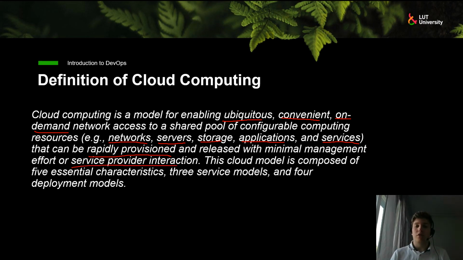And also there doesn't need to be human interaction when buying and managing the resources. It can be all done by the user in the internet portal. Finally, the definition states that the cloud model is composed of 5 essential characteristics, 3 service models and 4 deployment models. We will talk about these characteristics and the service models in the following slides.